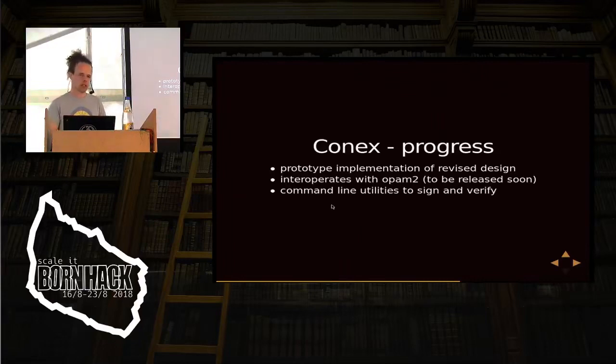Connex verify is just a Unix binary which says yes or no, so it returns 0 or 1. And OPAM2, only if it gets a successful return code from Connex verify, will continue to adopt this updated repository.